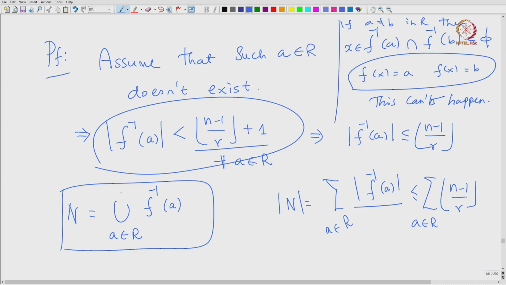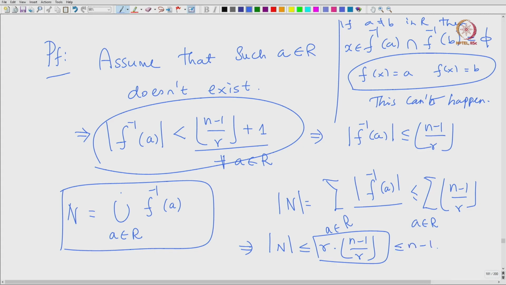Since there are exactly R elements, this immediately implies the cardinality of N is less than or equal to R times the floor of n minus 1 divided by R. Now it is not very difficult to see this number is at most n minus 1.